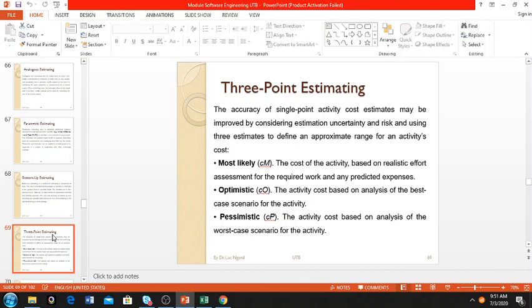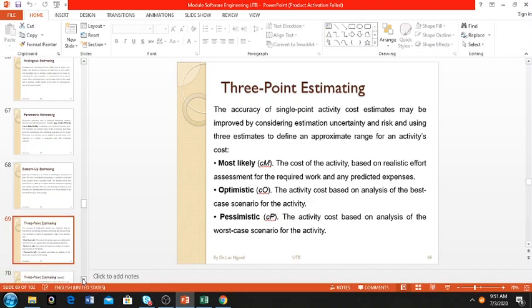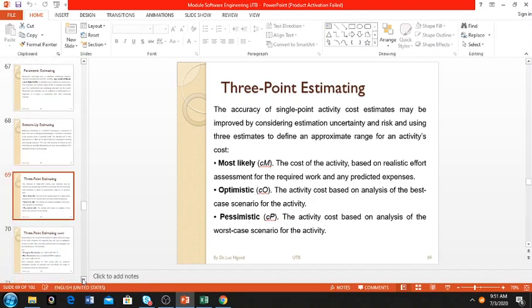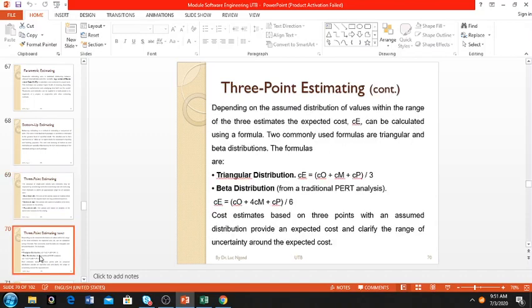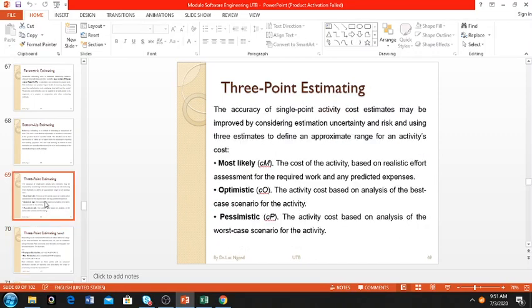We have covered beta distribution when we were talking about PERT, but it does not only use beta distribution, it can also use triangular estimation. So we are going to cover that in the next video.